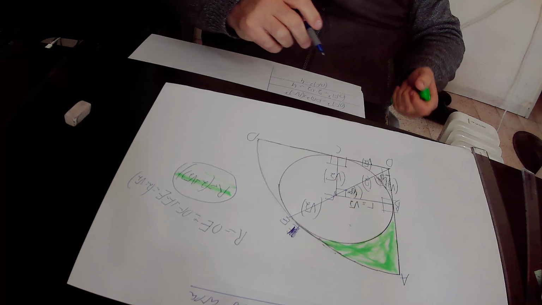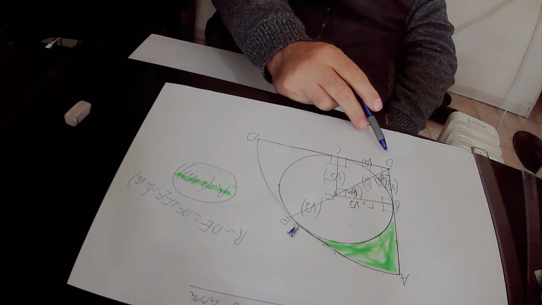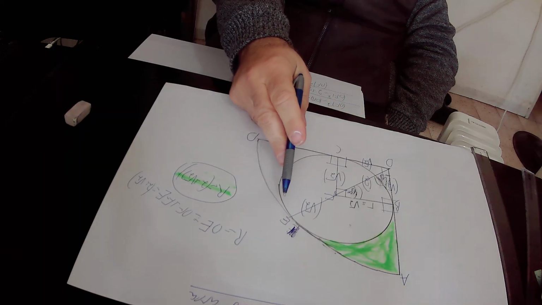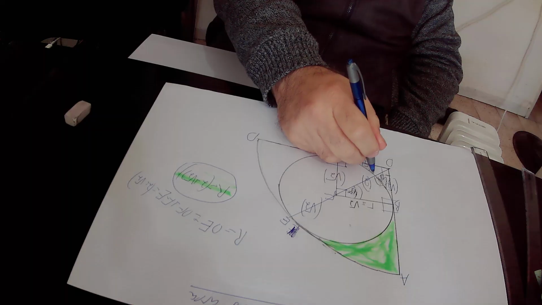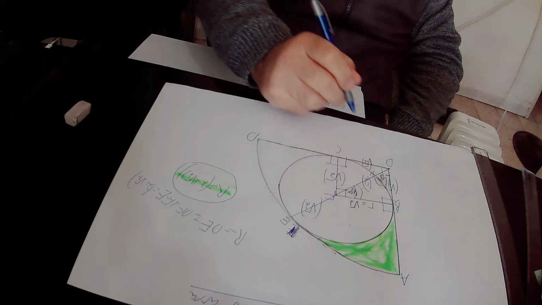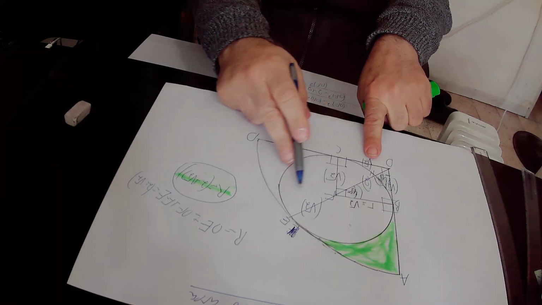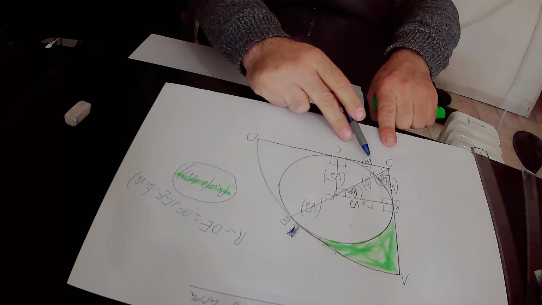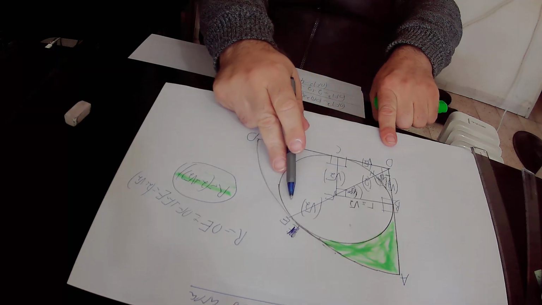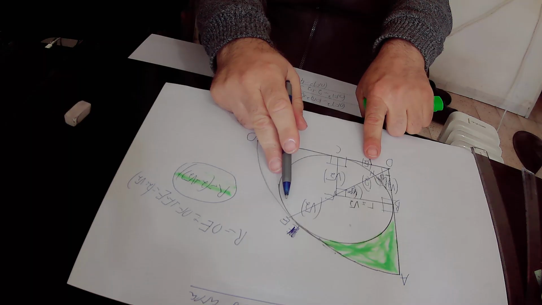Here we define the point of tangency of OE with this small circle as H. The straight line HE is part of the radius OE, therefore it is absolutely a straight line.